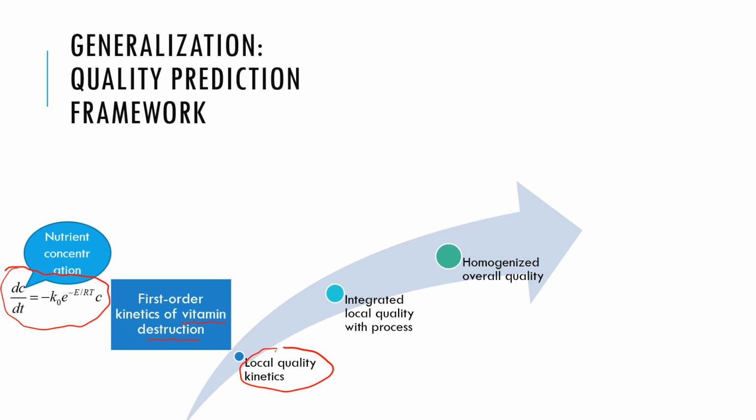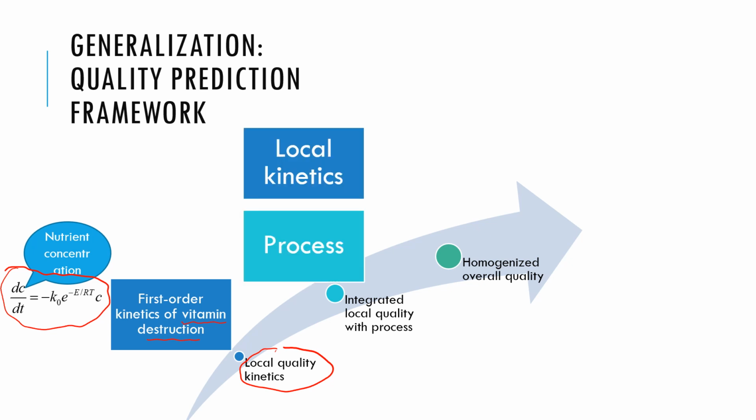Then we integrate the local kinetics with process, meaning the temperature everywhere. That will come from the process physics. So we combine these two to get basically the concentration of vitamin C everywhere inside the can at all locations and all time, but nobody cares about such detailed values.